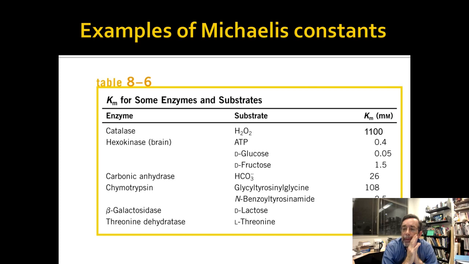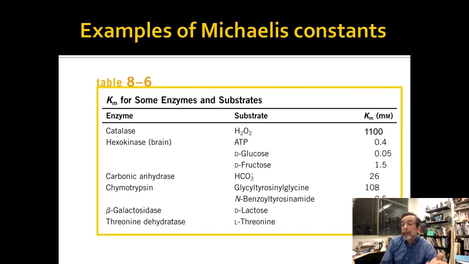And remember, if you remember the KDs that we talked about, maybe micromolar, nanomolar, even picomolar KDs, those were tight binding. These are not tight binding. These are millimolar or micromolar, like right here. This glucose is 50 micromolar. So it's weak in terms of if we looked at antibody binding. But it's enough for the enzyme to do the job.